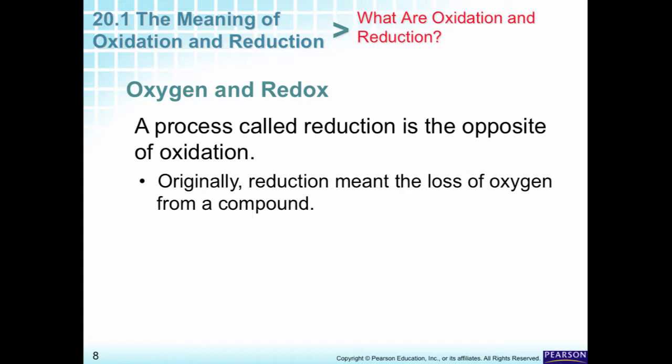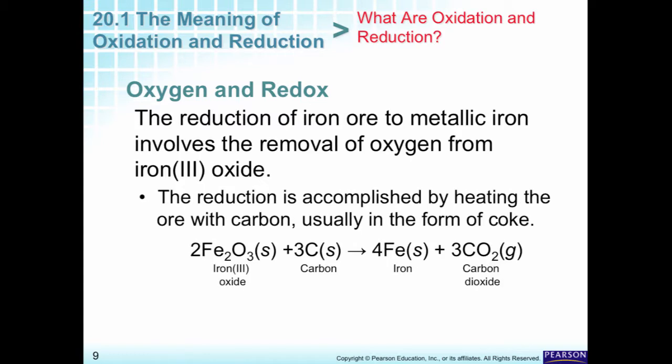That was what reduction meant, because we were looking just at the chemistry of the elements. So if we look at getting iron from iron oxide ore, which is the way it's formed, we would react it with carbon at a very, very high temperature, and we would release the iron and form CO2.